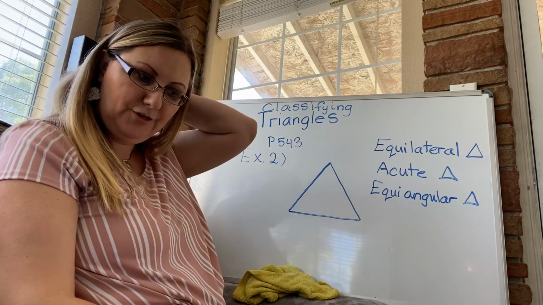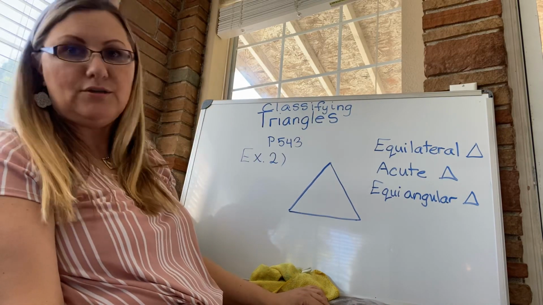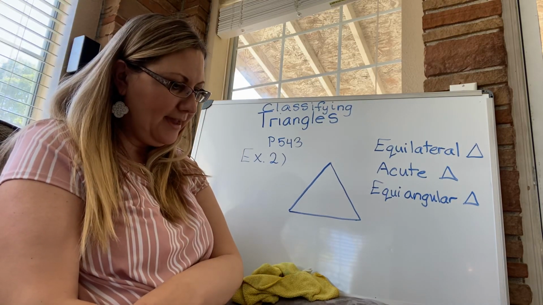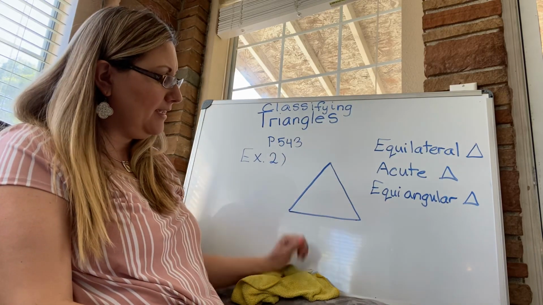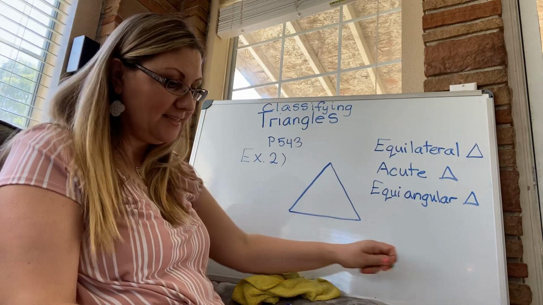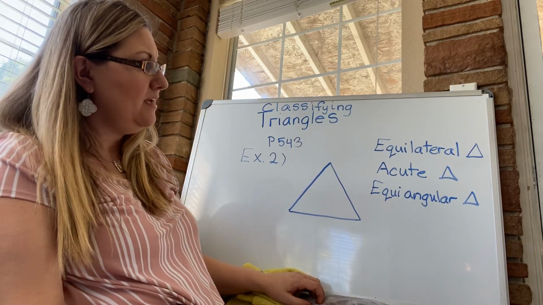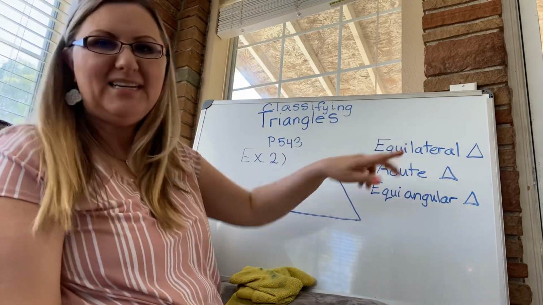And if you are looking in your book, you will see that this is also an isosceles triangle. So in figuring out the sides, trying to classify it by the sides, we not only can say that it's an equilateral, equal-sided triangle, but it's something else.